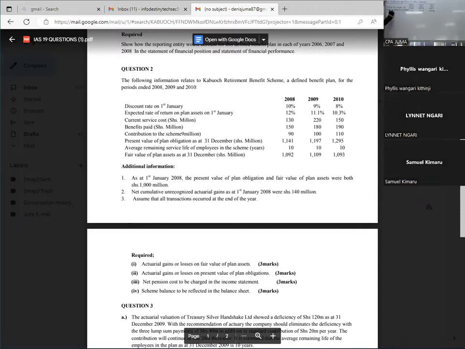Bring contributions: 90, 100, 110. Benefits paid: 150, 180, 190.